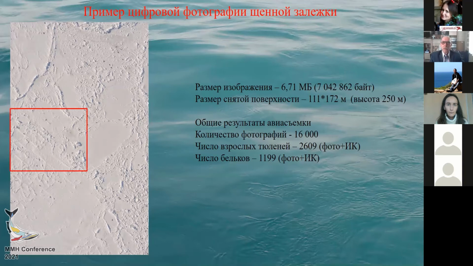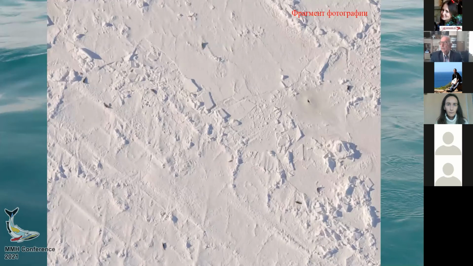And if you look at this particular spot on the photograph, this is a fragment of the photograph I'm showing you. It's 100% scaled. Here, a researcher needs to identify adult seals and young seals. As you can see, it is very difficult.